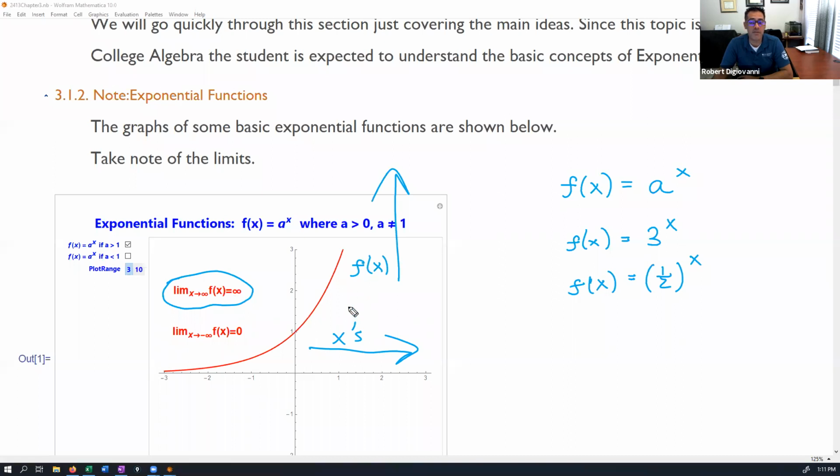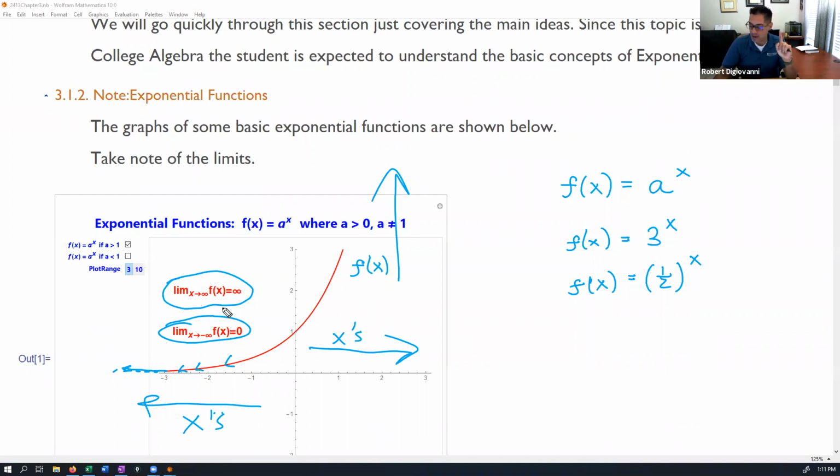Does that make sense from the picture? Yes. Okay, and then the other way, if x goes to negative infinity, our function starts to dive down and get closer and closer to 0. Now, it never actually gets there, but it gets closer to 0. So these are two limits everyone here needs to be comfortable with.